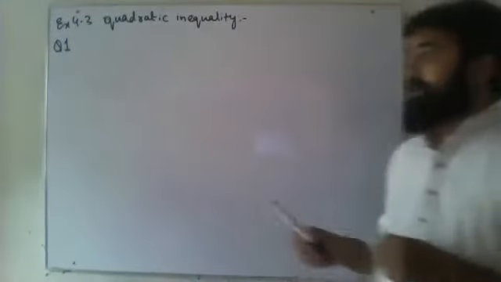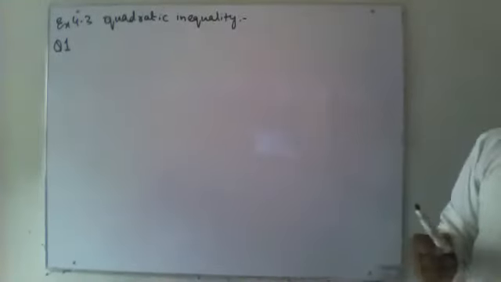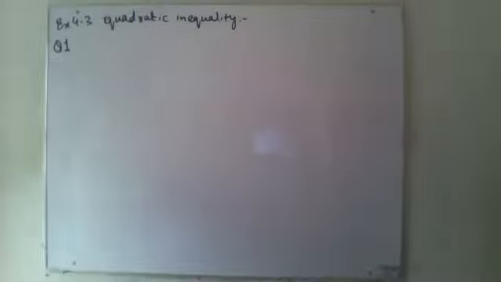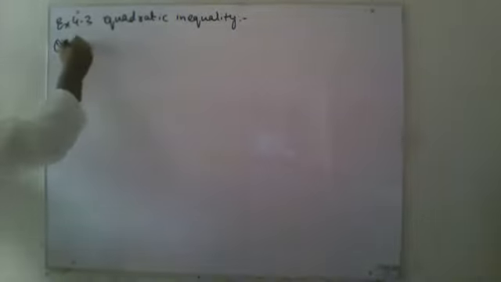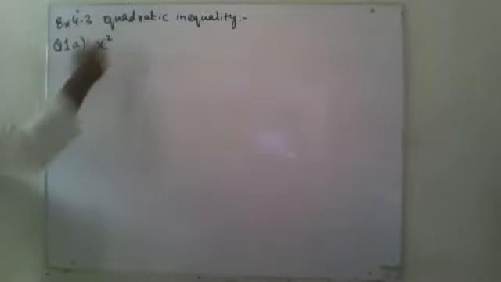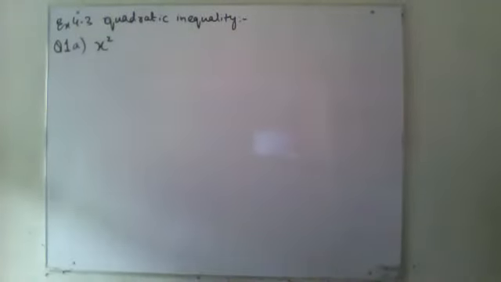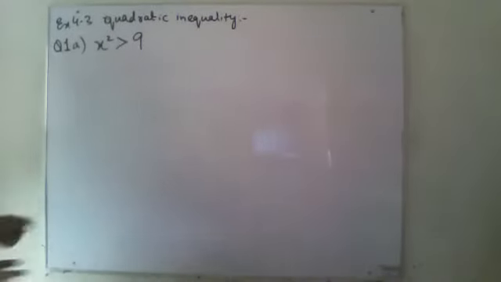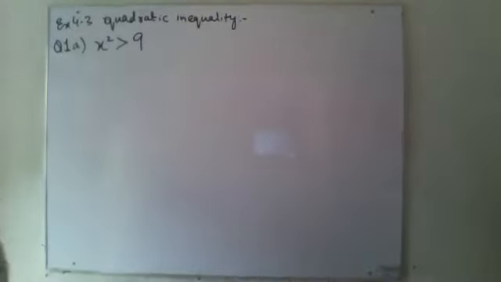They can give us any quadratic form, for instance, a part where they are giving x square is greater than 9.